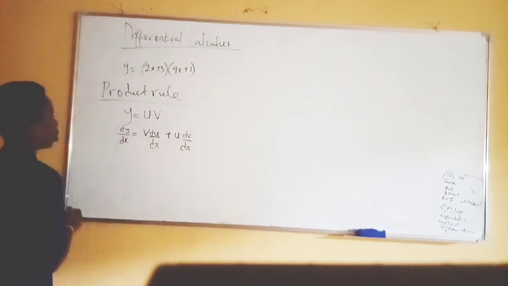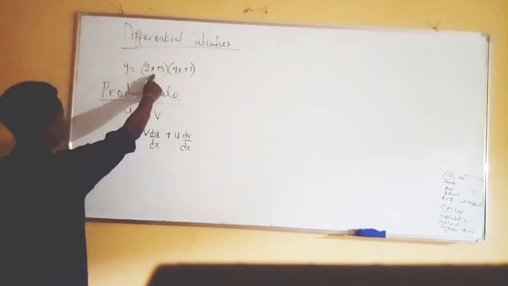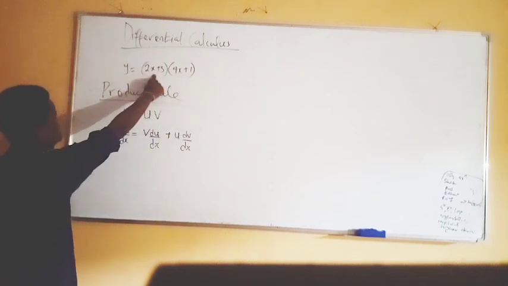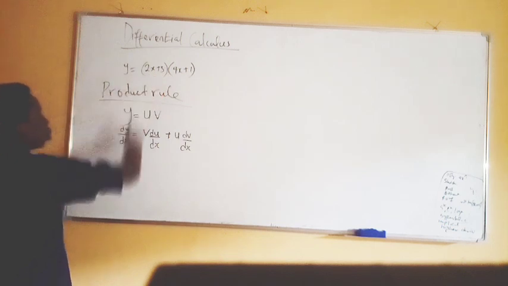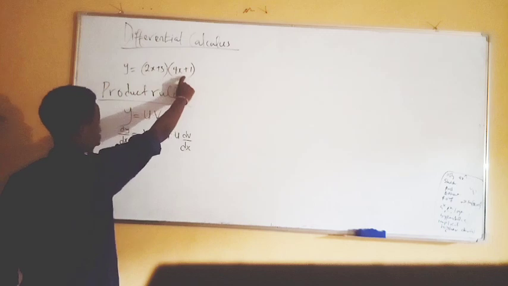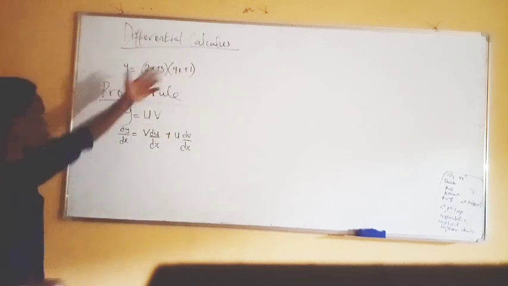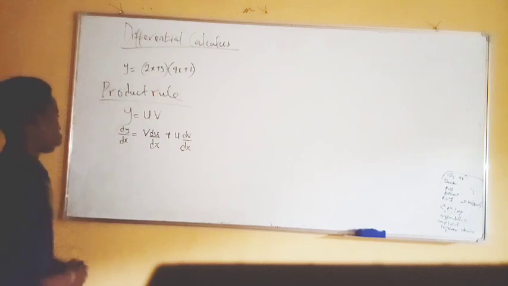So it is v times the derivative of 2x plus 3, which is du dx, plus u times the derivative of this, the dv dx. So having said that, we can simply find the derivative of this function.